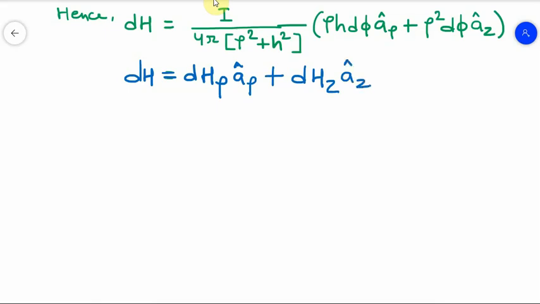Now one is along the rho direction and one is along the z direction. This is the radial component.